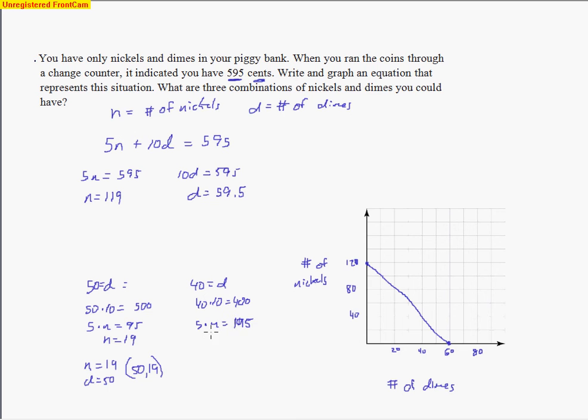If I did the division, 5 goes into 19 almost 4 times, only 3 though, and there are 4 left over, so 39 times. So 39 times 5 gives me 195. That's 45, and 15 plus 4 does give me 19. So another answer could have been 39 nickels and 40 dimes. So those are just 2 solutions, and that's what I'm looking for there.